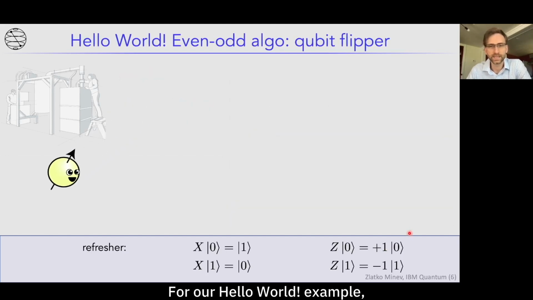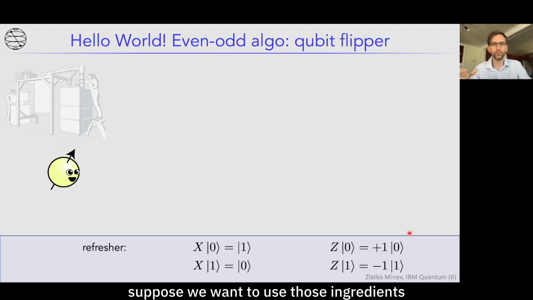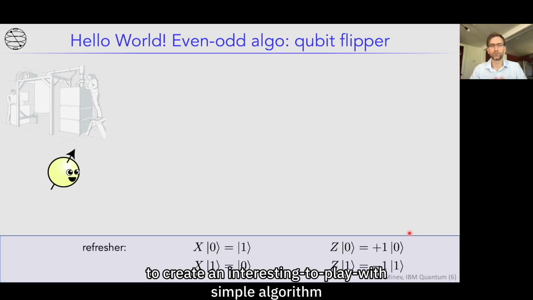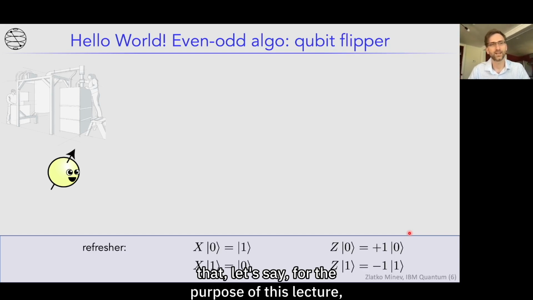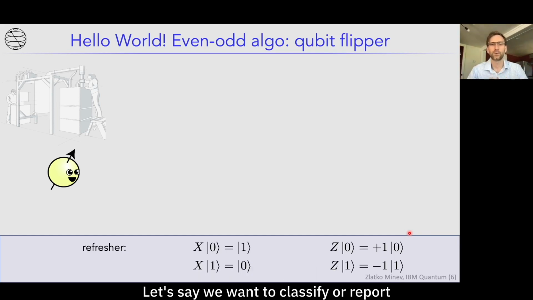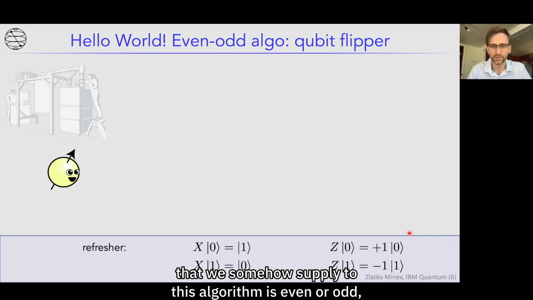For our hello world example, suppose we want to use those ingredients to play with a simple algorithm that, let's say for the purpose of this lecture, we can do the following. Let's say we want to classify or report whether a classical positive integer that we somehow supply to this algorithm is even or odd.